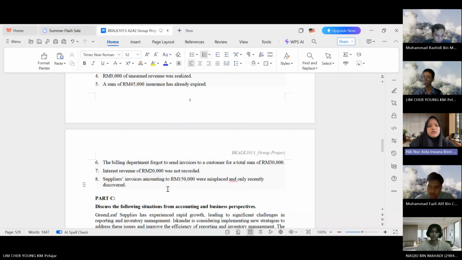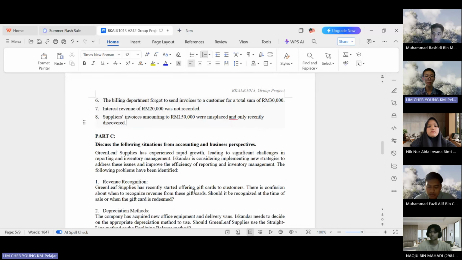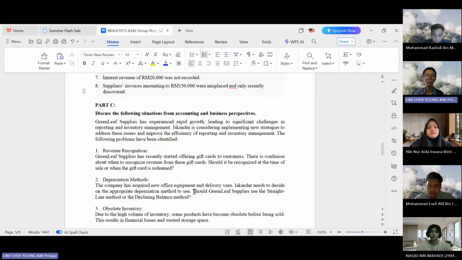For the last one, 150,000 of supplier invoices were not recorded. That means both liabilities and expenses are too low, and net income is again overstated. So overall, not adjusting these items leads to a financial report that doesn't reflect the true position of the business. It is very important that we are concerned about understated or overstated expenses as well as revenue.